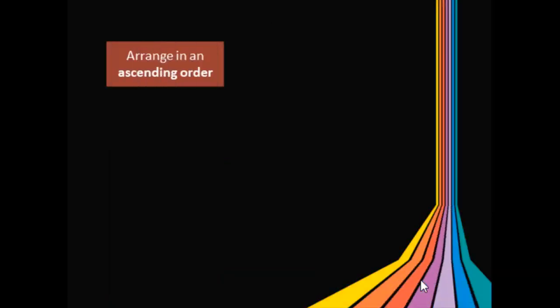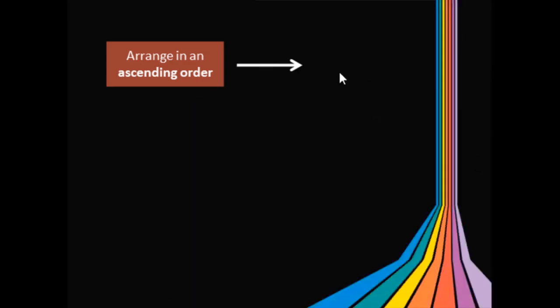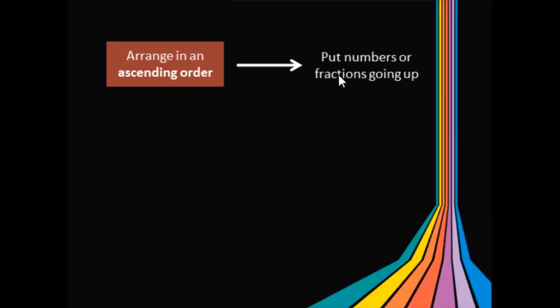Then we had terms. First, we have arrange in an ascending order. Arrange is the same as order and compare. When we talk about ascending order, we arrange the fractions going up.